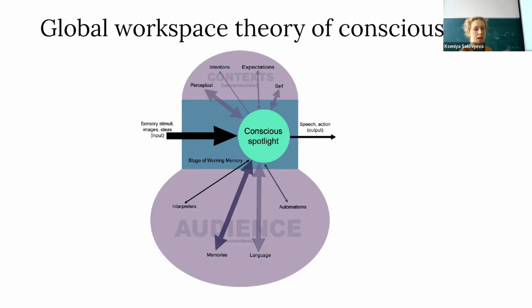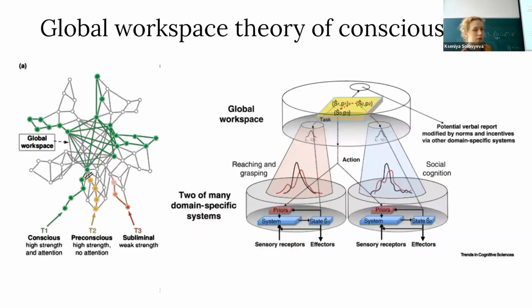There are not many theories of consciousness, and this is one of them. In this theory, you have a lot of different subconscious processes. For example, thinking about drinking water and listening to the lecture and doing something, and you have all these processes at the same time in your brain, but some of them are under this consciousness spotlight, under the attention, and so they are in your consciousness.